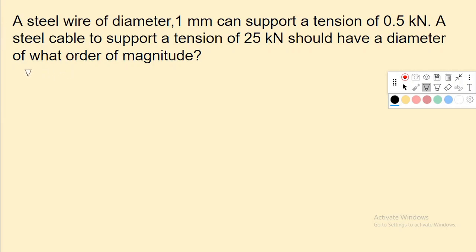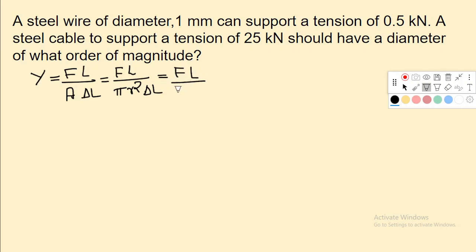So, let us write the expression for Y. Y is equal to F L divided by A delta L, that is F L by R square into delta L, that is F L divided by pi d by 2 whole square into delta L, that is equal to F L divided by pi d square by 4.